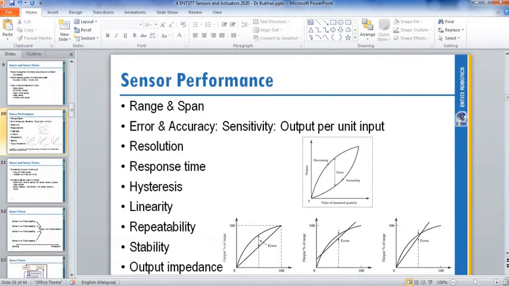That means your sensor repeatability is good. If you turn off the sensor and turn it on back, your sensor gives 9 degrees. Then you turn it off and on again, your sensor gives 11 degrees. So it's up and down. When it is up and down, that means your repeatability is low.